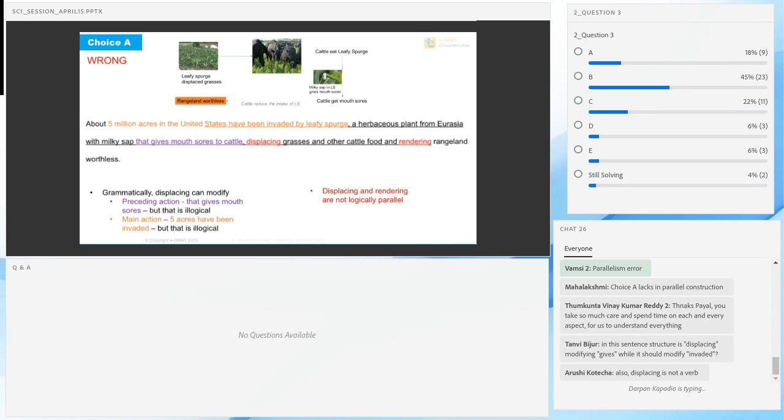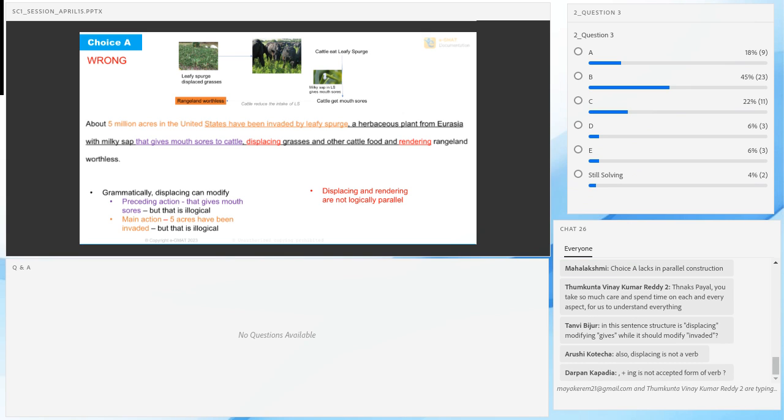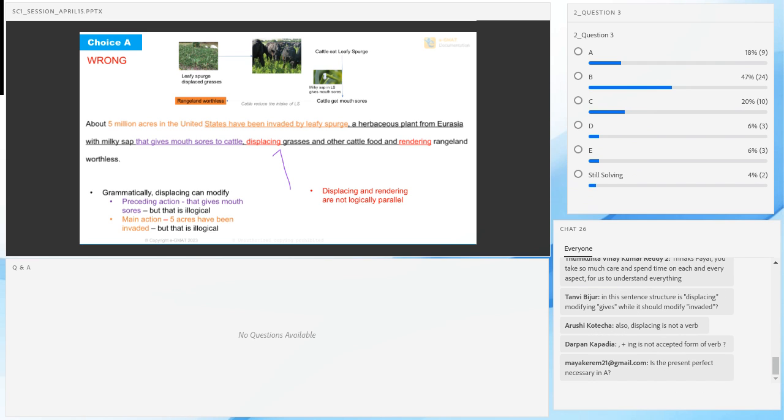If displacing and rendering were logically parallel, then this sentence would have been fine. Yes, this is not a verb, but it didn't need to be a verb.